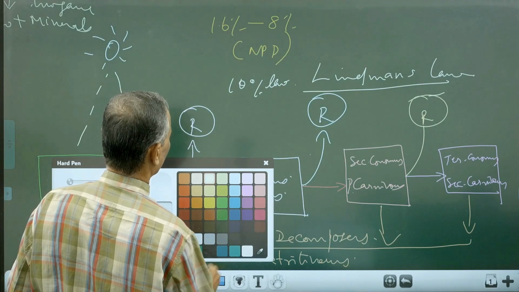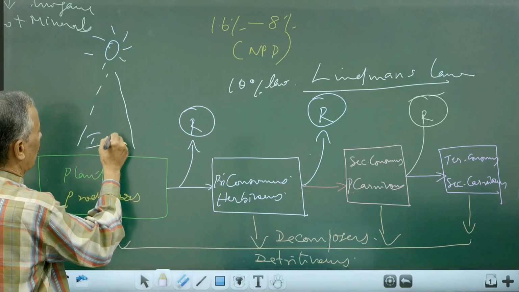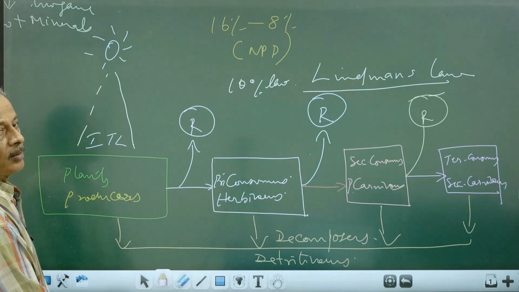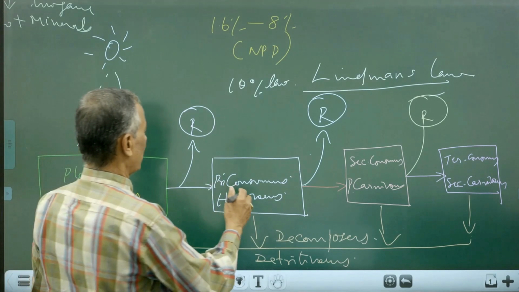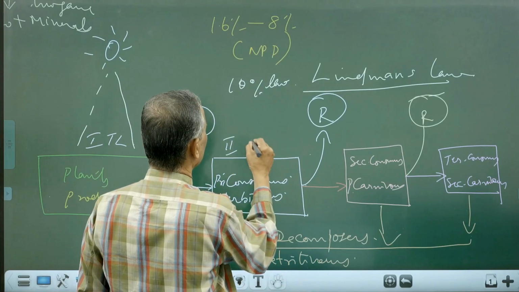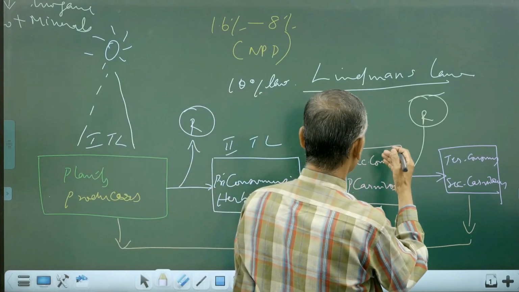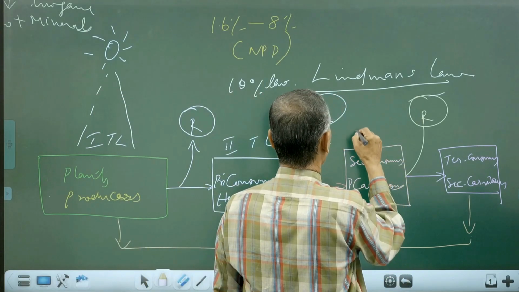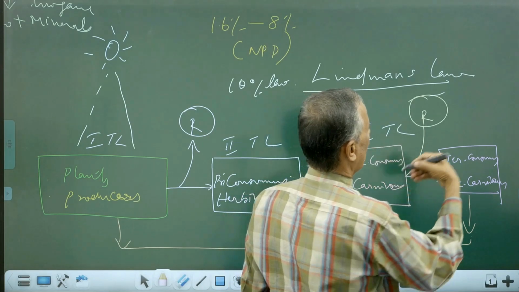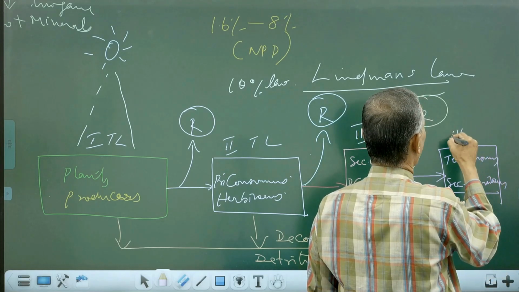So, let us see. Plants occupy the first trophic level because they directly get energy from the sun. Primary consumers or herbivores occupy the second trophic level. Secondary consumers are primary carnivores that occupy the third trophic level. And tertiary consumers or secondary carnivores occupy the fourth trophic level.